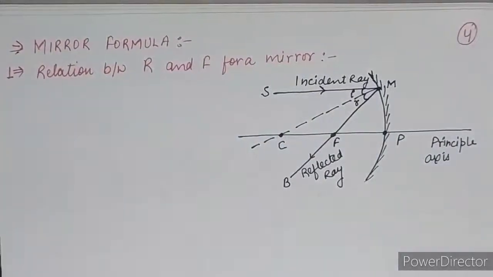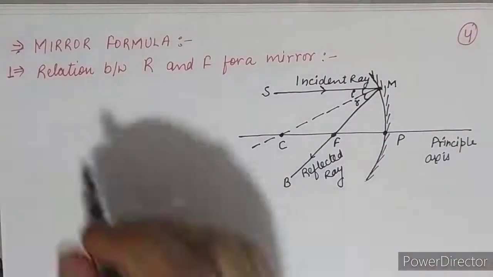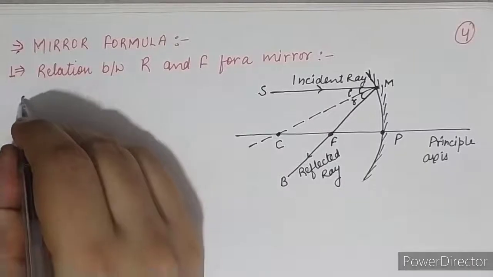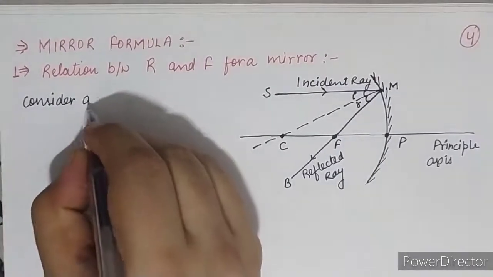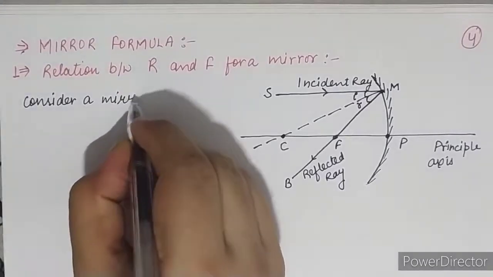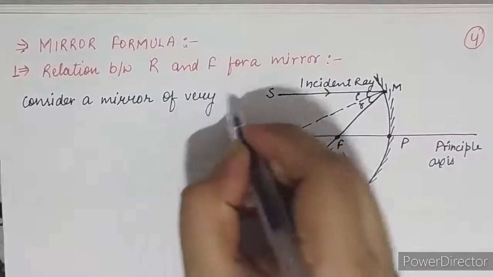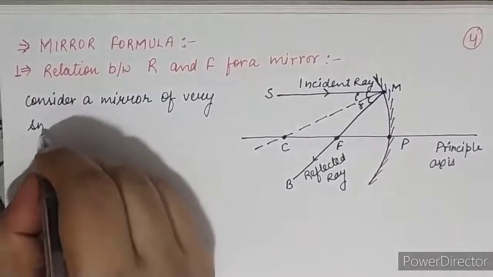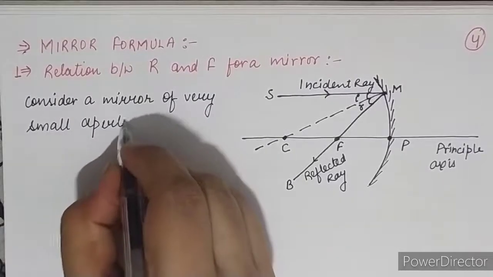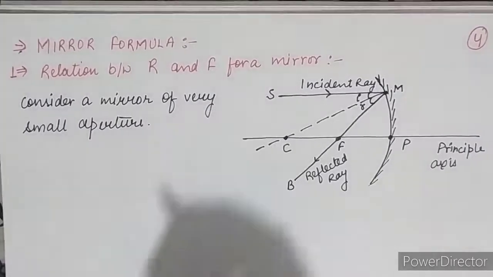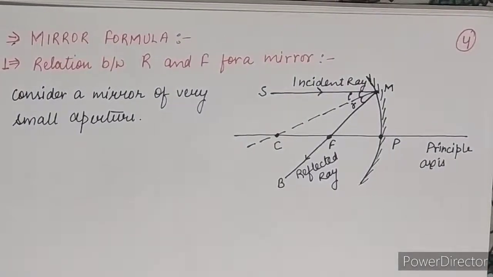So we can say that the aperture is very small. For the consideration, I am writing this very important thing: consider a mirror of very small aperture.